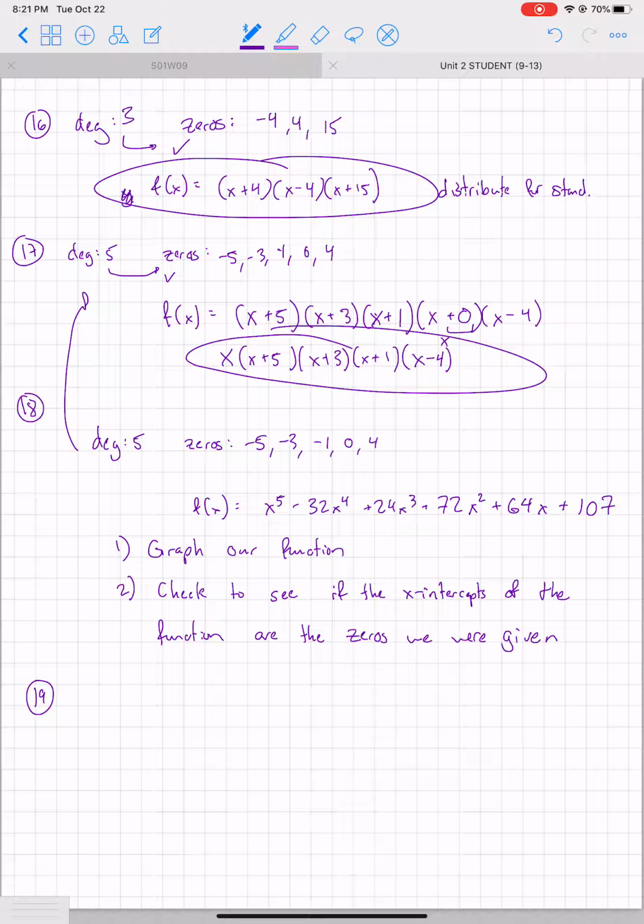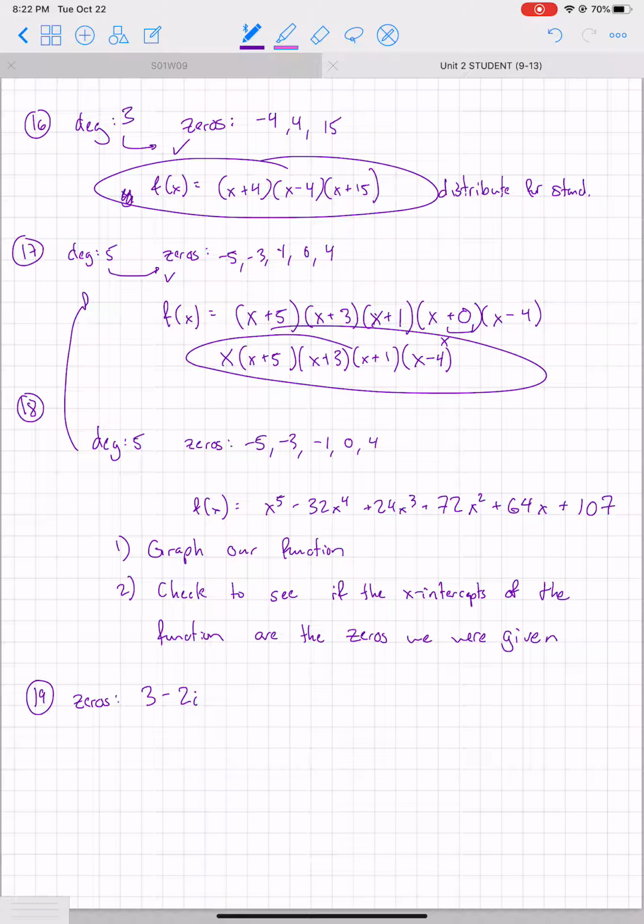19, last question. The number of zeros will be even. Reading the answer: the polynomial function only has complex zeros. So remember, our complex zeros might look like this: 3 minus 2i.